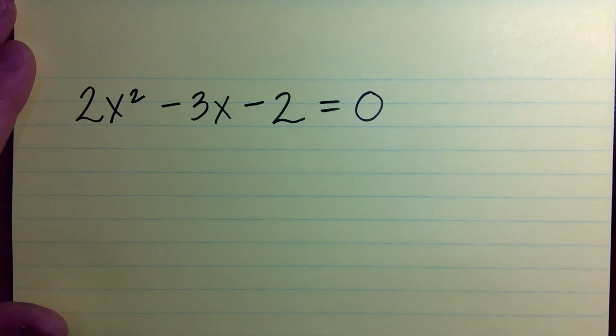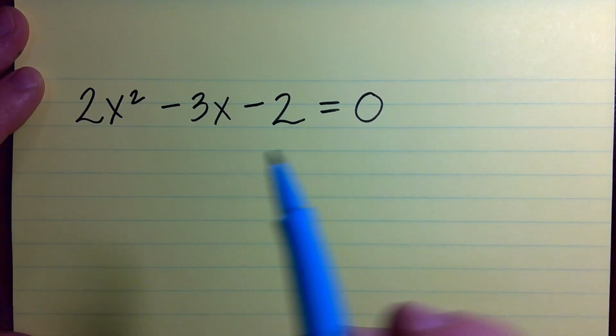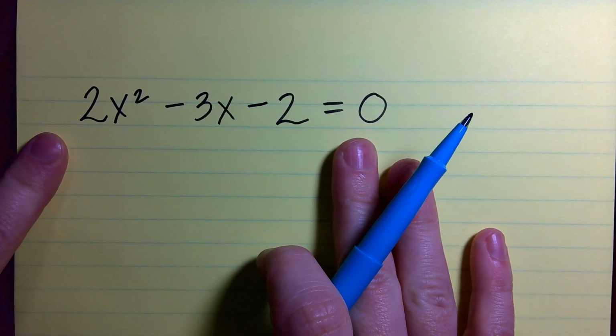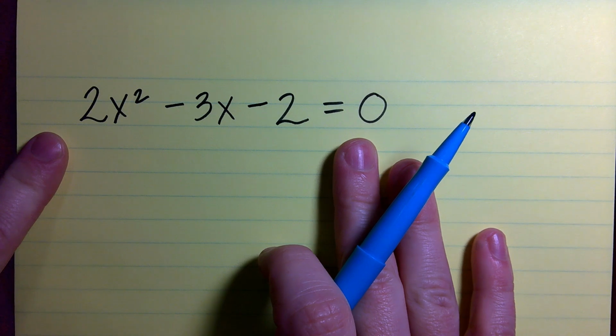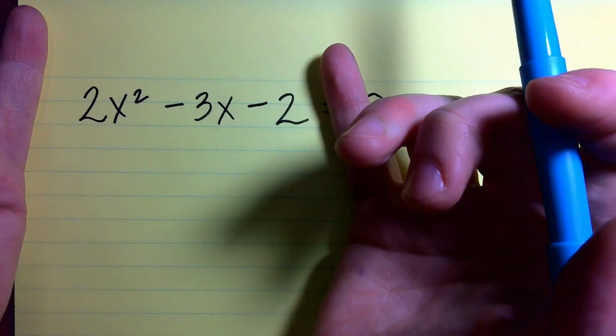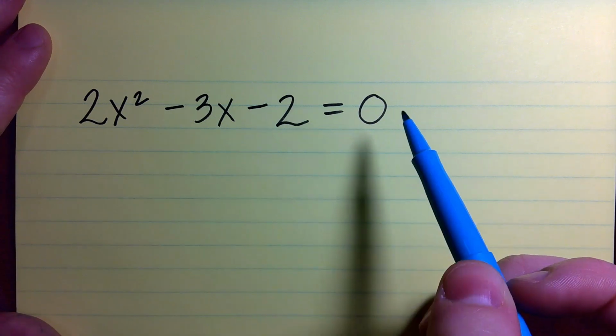So it doesn't have a GCF. Let's look. Is there a GCF? How can we tell? No. Remember, whenever we're trying to find a GCF, we're looking to see if there's any number that we can divide each of the terms by evenly, and there is not.